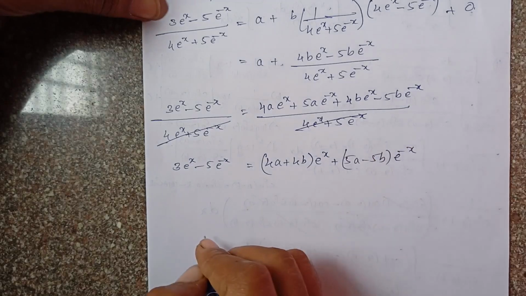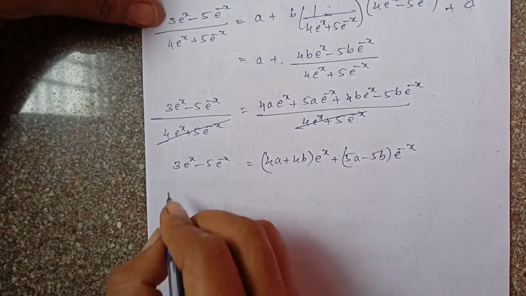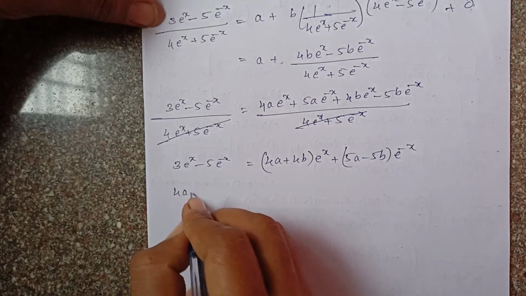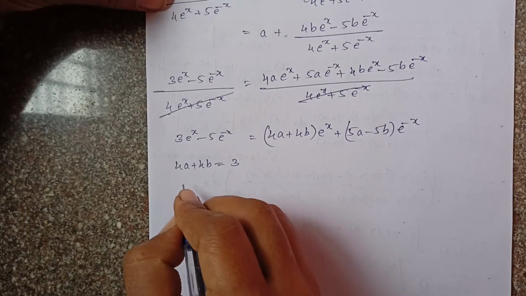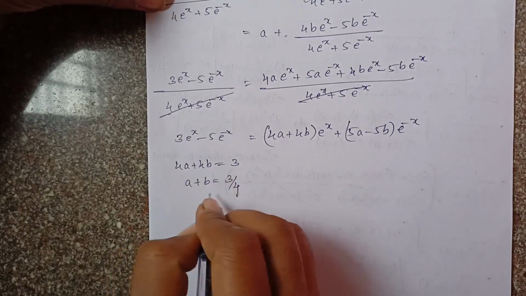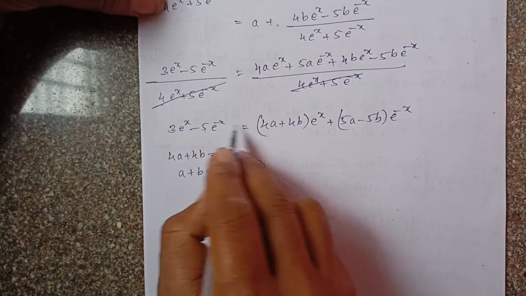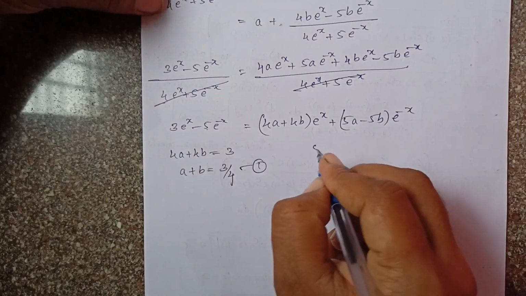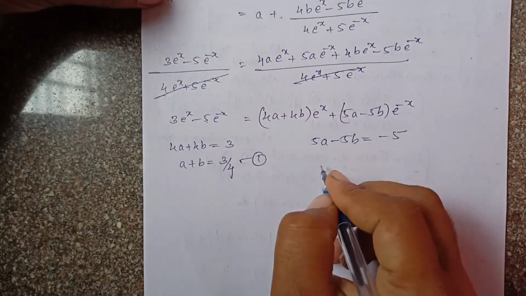Now shall we compare to find out the values of a and b? The e^x coefficients: 4a + 4b is equal to 3. This is nothing but a + b = 3/4, since 4 is common, it comes out and goes to the right hand side. Equation 1. And comparing e^(-x): 5a - 5b is equal to -5.